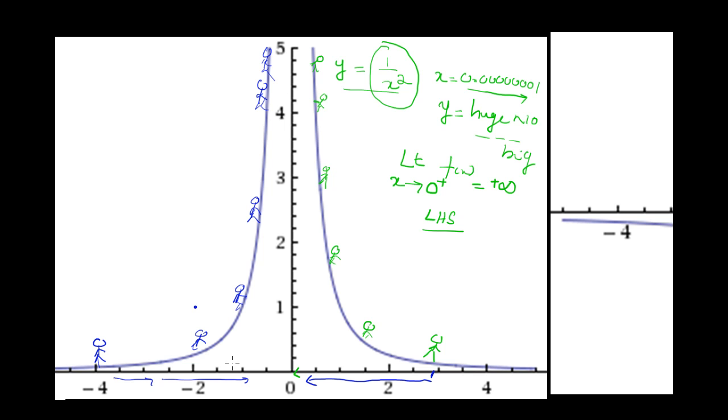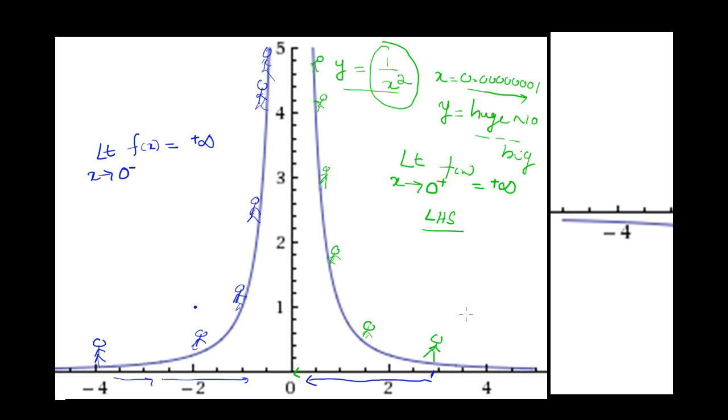As x is approaching 0 from the negative direction, he is climbing up and up. It's going to be a very big number. Is it positive or negative? He's going to be a very big positive number. So we can say the limit as x tends to 0 from the negative direction of the function under consideration is equal to a very big number, a positive number, positive infinity.